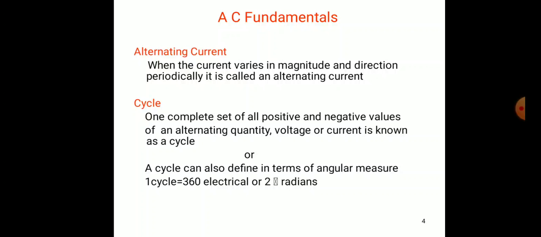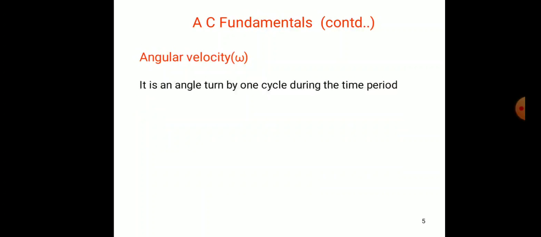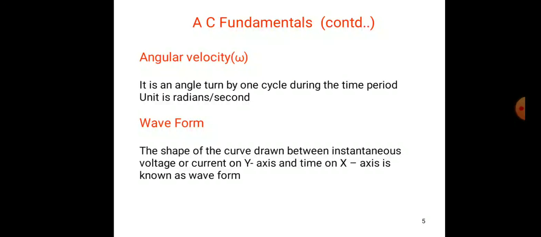A cycle can also be defined in terms of angular measure. One cycle is equal to 360 electrical degrees, or 2π radians. Another term is angular velocity. What is angular velocity? It represents how fast the waveform is rotating angularly.